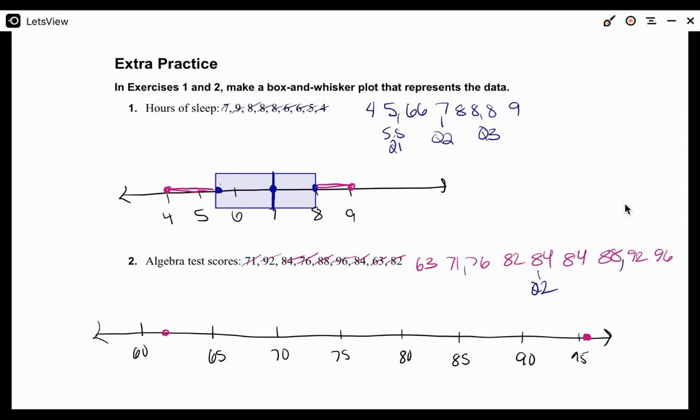So between 71 and 76, we got 73.5, and beneath 2 we got 90.